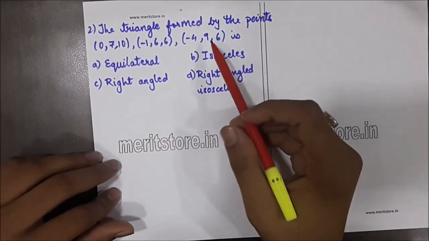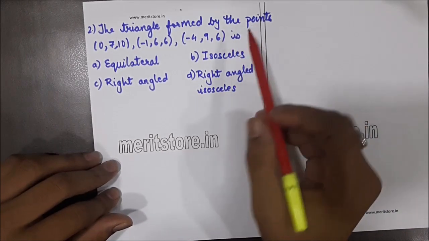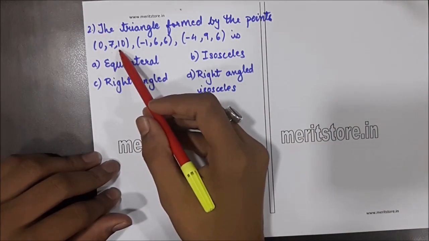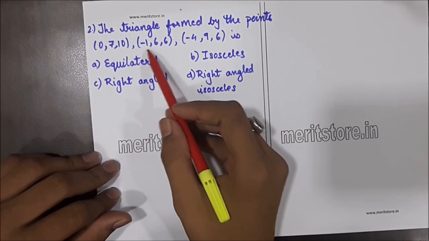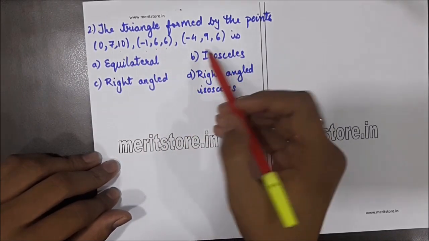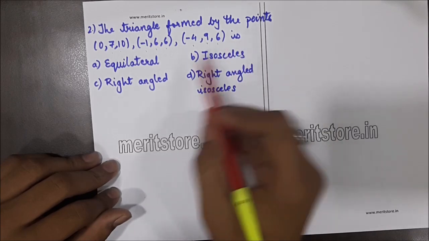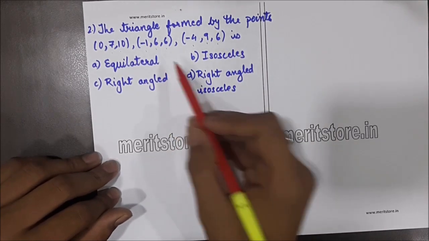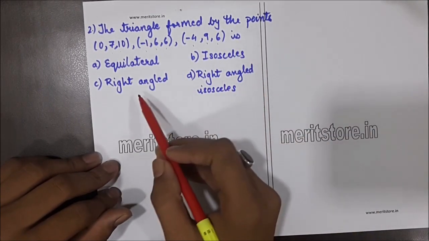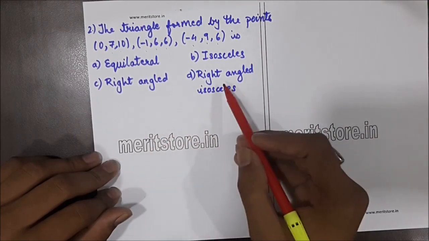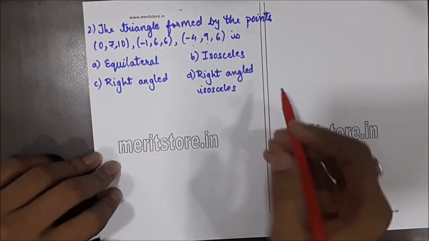Question number 2. The triangle formed by the points (0, 7, 10), (-1, 6, 6), (-4, 9, 6) is: equilateral triangle, isosceles triangle, right angled isosceles triangle.